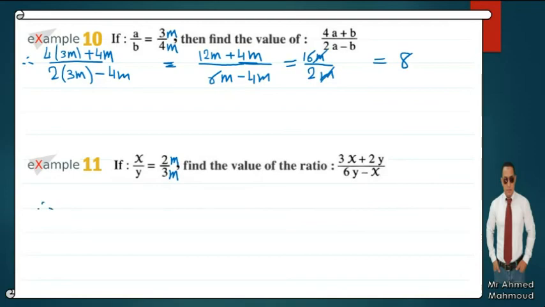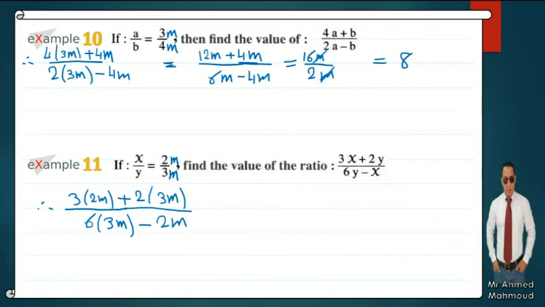Therefore 3 times 2m plus 2 times 3m over 6 times 3m minus 2m equals. First I'm going to expand the brackets.